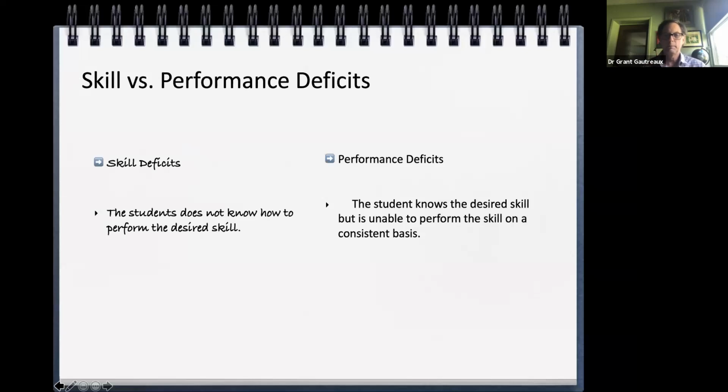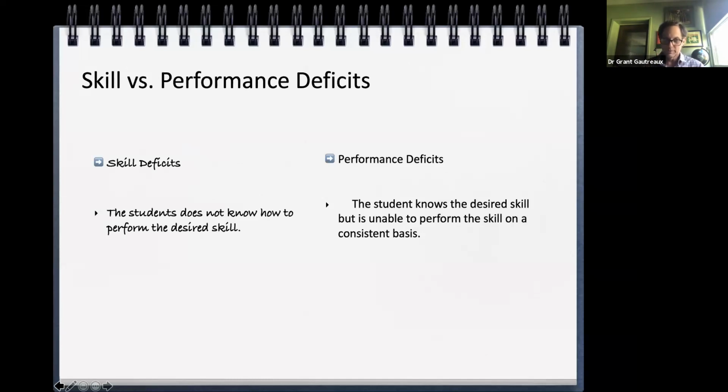What is important to be able to determine is, are we looking at a skill deficit? They have never been taught how to do the skill, or they're missing prerequisites, or a performance deficit. The individual has data to show that they perform the skill to a mastery level. However, they don't necessarily do it reliably and under different conditions, all right?